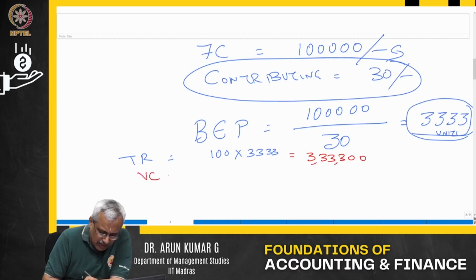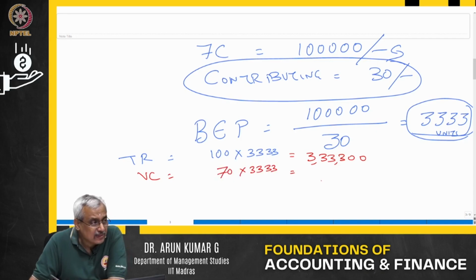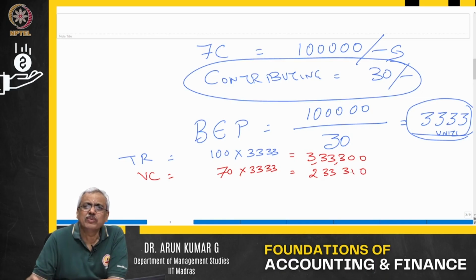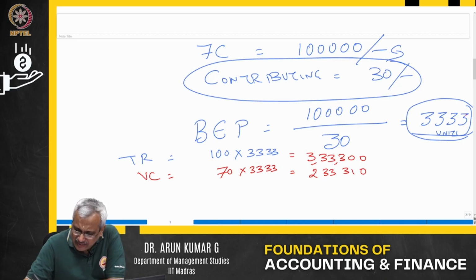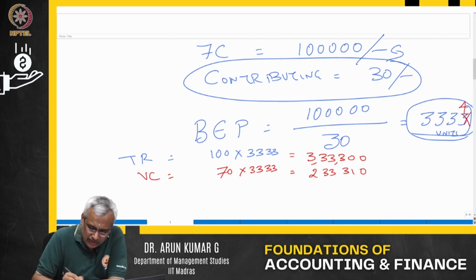My variable cost is 70 into 3,333, which is 2,33,310. There is going to be a small difference because of the decimal. So if I make it 3,334, rounding it off, the revenue will increase by 100 more, making it 3,33,400.